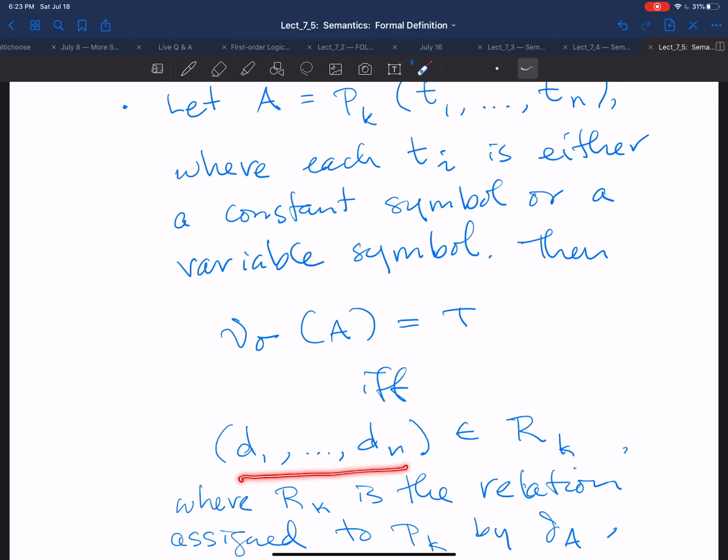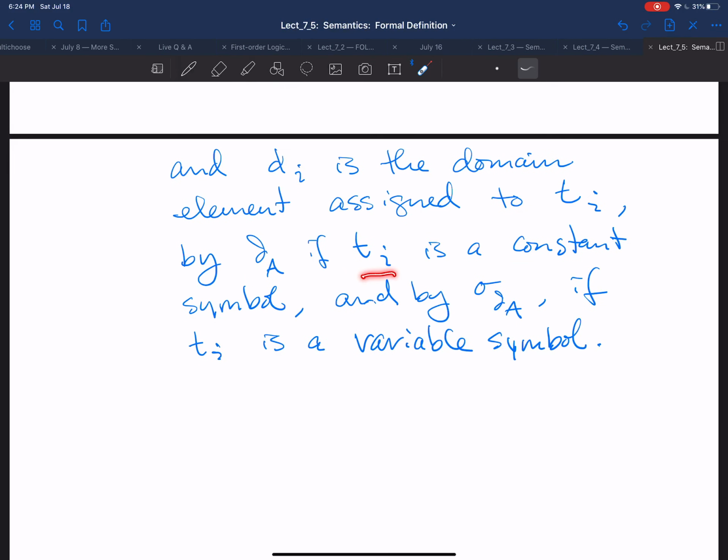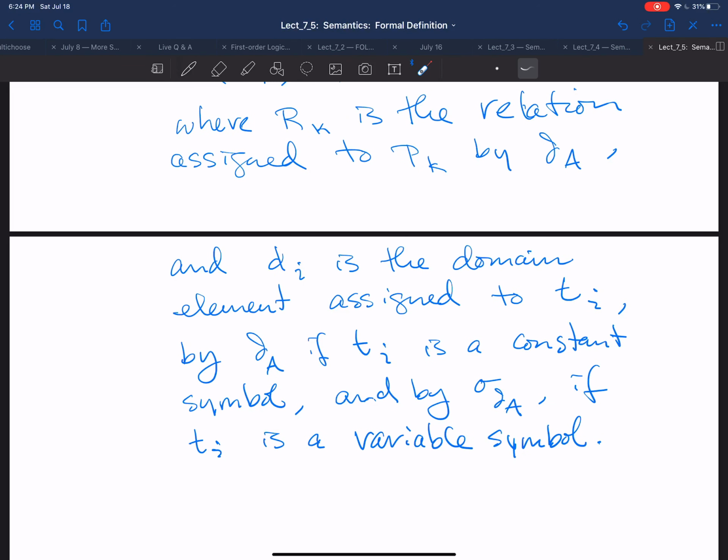And what is it that assigns these domain elements to the respective terms T1 through Tn? That depends on whether a given term Ti is a constant symbol or a variable symbol. If it's a constant symbol, its meaning, if you like, is assigned by the interpretation. And if it is a variable symbol, then its meaning is assigned by the assignment. That is, the assignment assigns to Ti a particular element of the domain. So that's the basic case where our formula is just a leaf.